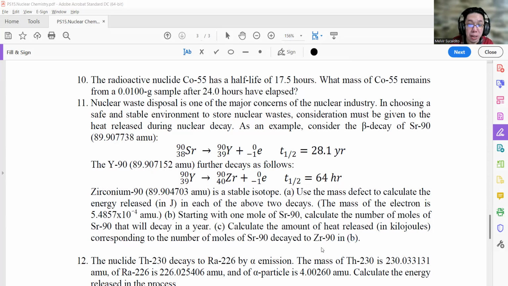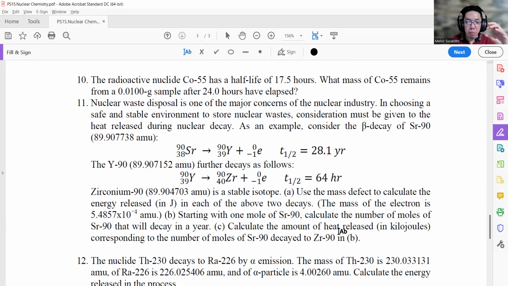After 1 year, how many moles of strontium-90 decay to zirconium-90 in letter B. Okay, so for letter A, calculate the energy changes for both two decays.